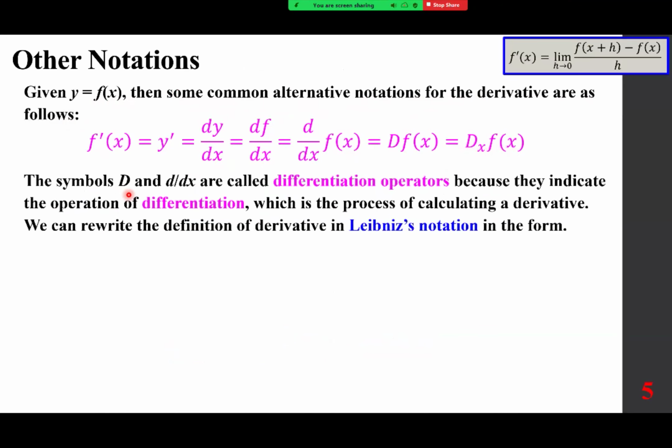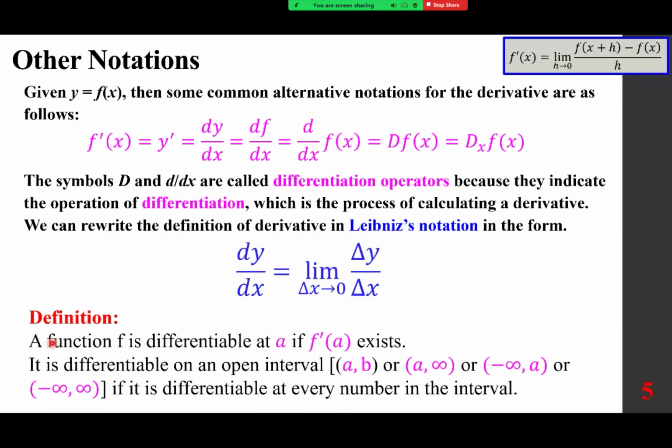The simple d, capital D, and d dx are called differentiation operators because they indicate the operation of differentiation, which is the process of calculating a derivative. We can rewrite the definition of derivative in Leibniz's notation in the form dy dx is the limit of delta y over delta x as delta x approaches 0.